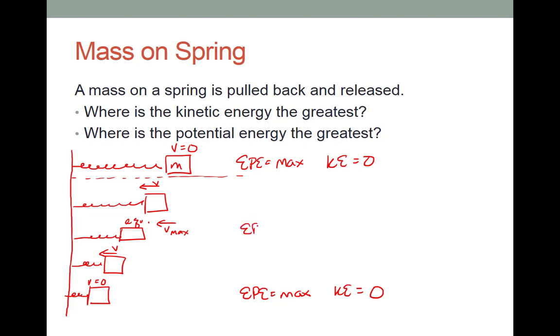So here EPE equals 0, and here kinetic energy is as big as it possibly can be. That's also signified by the fact that I told you at this point that the velocity was maximum at the middle of oscillation. In the middle, two spots, you have both EPE and KE, but neither is as big as it can be or as small as it can be.